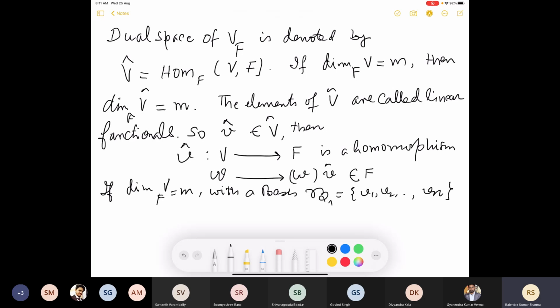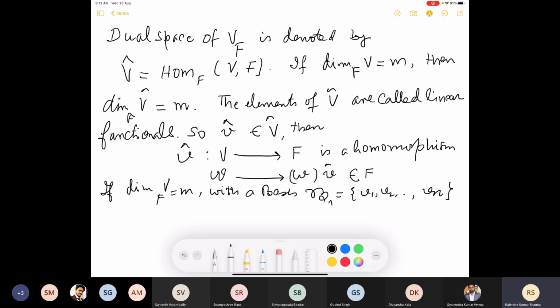Now, we had a map that takes every element of V into a scalar in F. In particular, we will also take the vectors here from the basis to this.